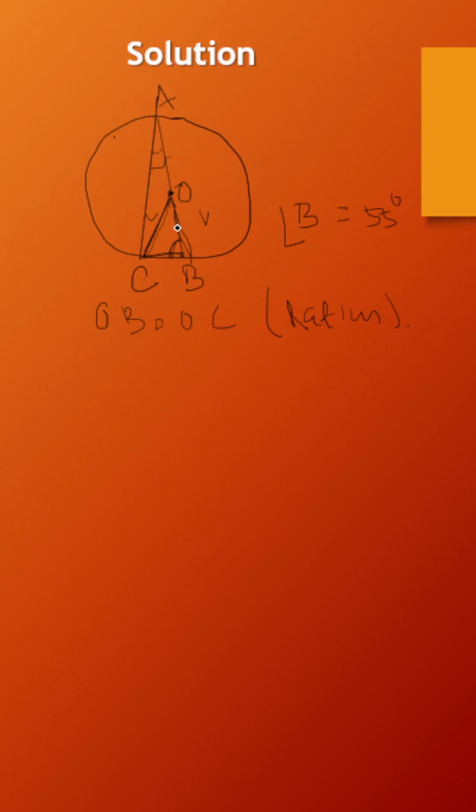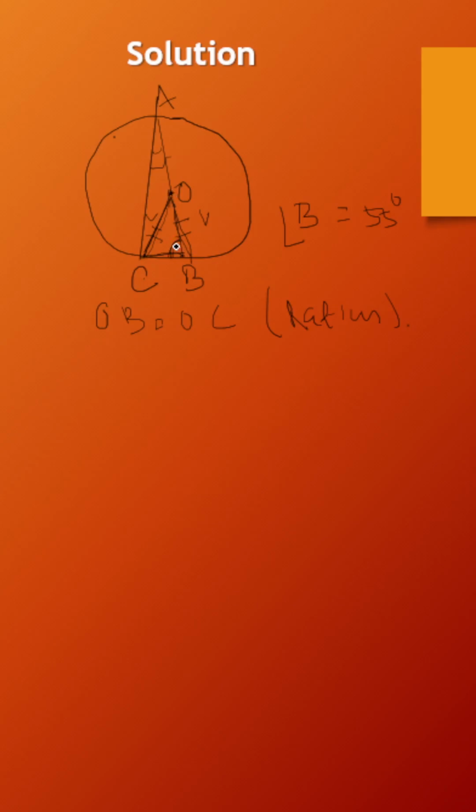So it means that the OB and OC sides are equal. In a triangle, we have already studied that if two sides are equal, then the corresponding angles also become equal. It means if OB is equal to OC, then angle OBC equals angle OCB.